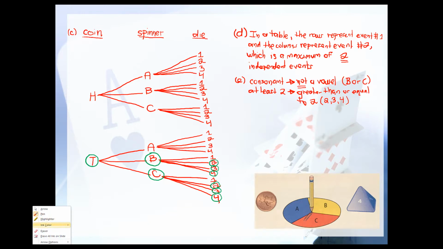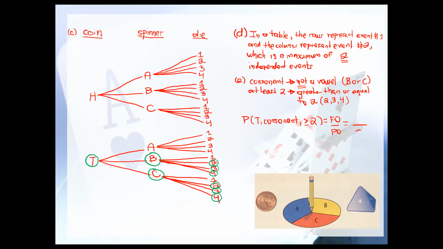Okay, so let's calculate this now. I can say the probability of flipping tails, spinning a consonant, and obtaining a number which would be greater than or equal to 2 on the die would be equal to the number of favorable outcomes divided by the number of possible outcomes.